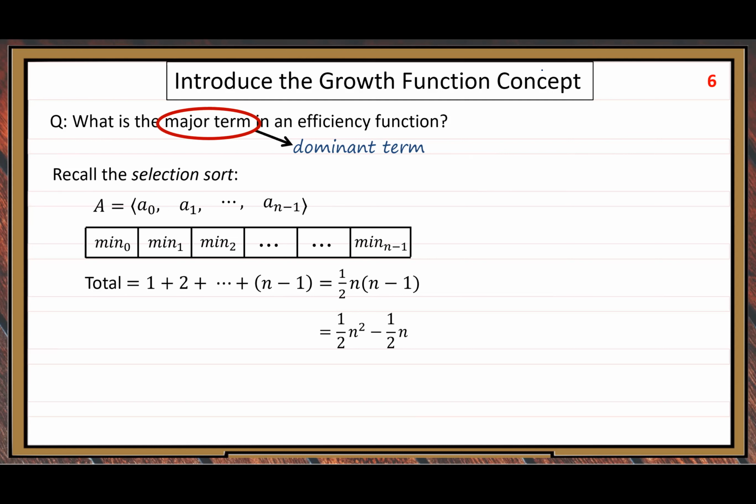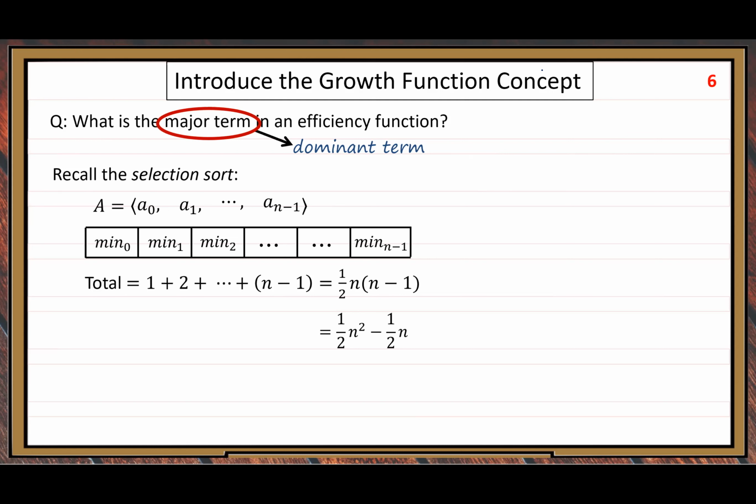The last time I said, in our algorithm efficiency study, we only worry about large n, very large n. For relatively small n, we don't worry about it. Our computer is very fast, but for large n, it could be very slow.